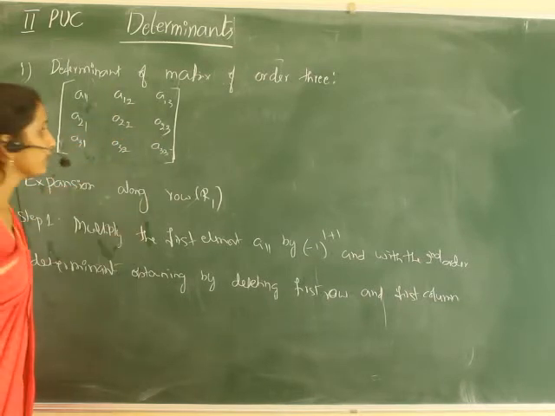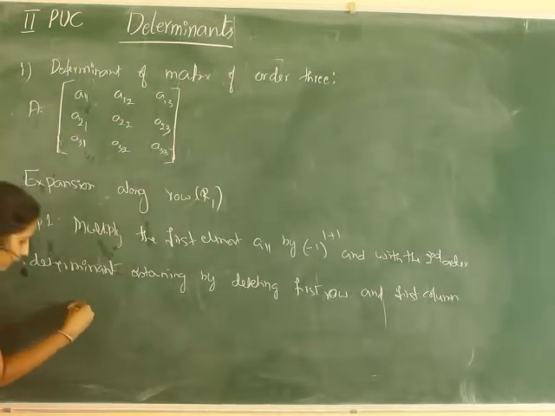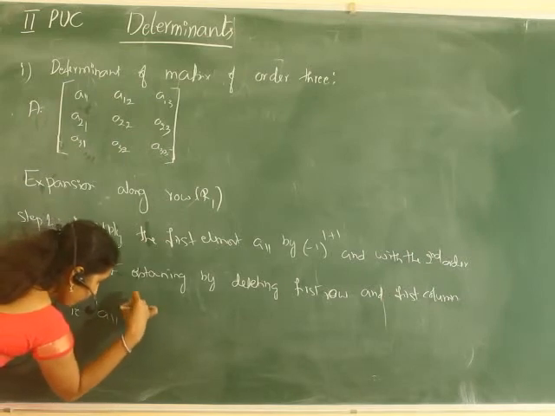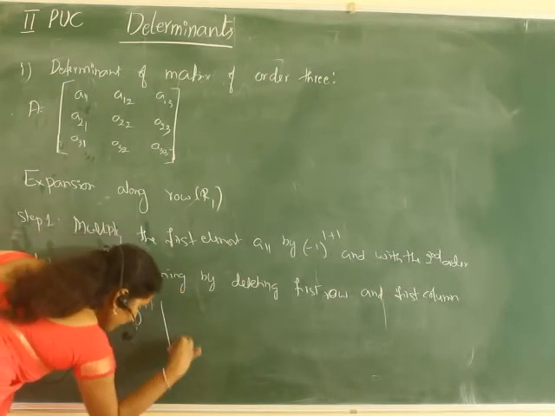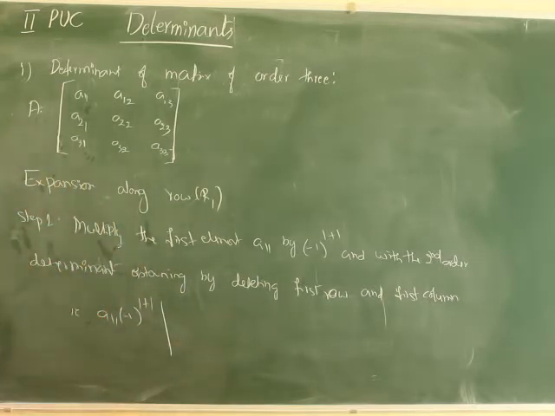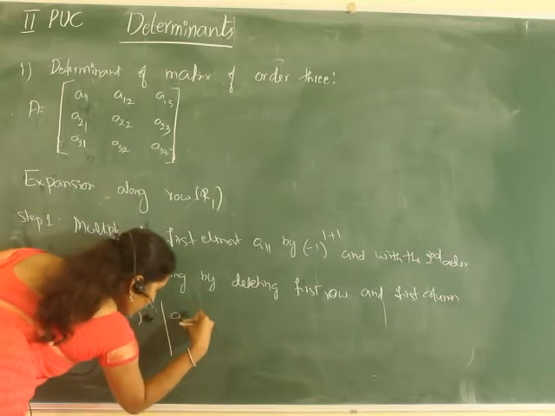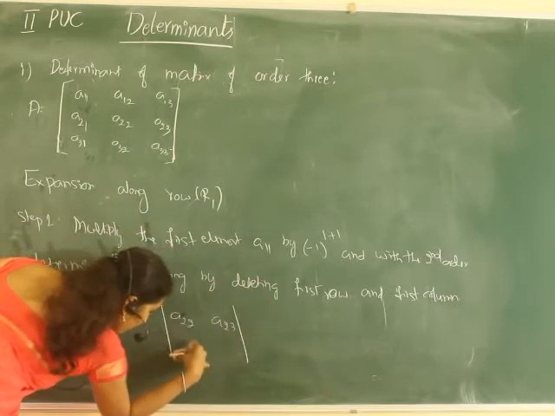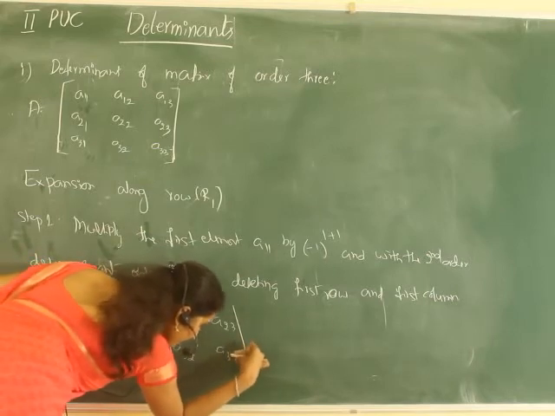So how can I write this now? This will be equal to A11 into minus 1 to the power 1 plus 1 into the determinant obtained by deleting the first row and first column, which is A22, A23, A32, A33.